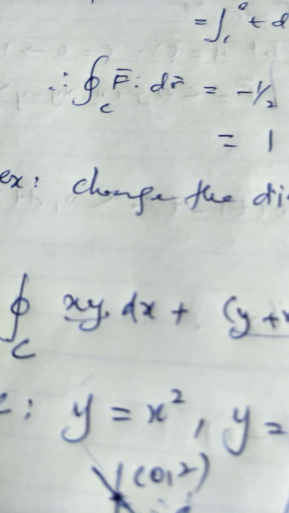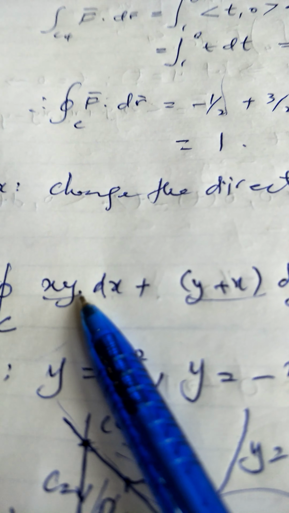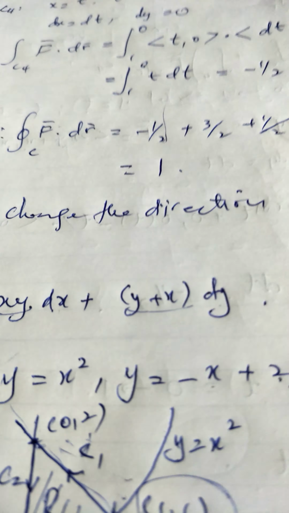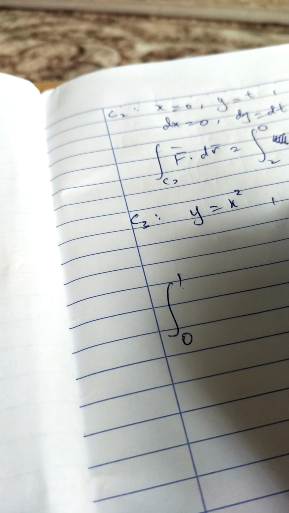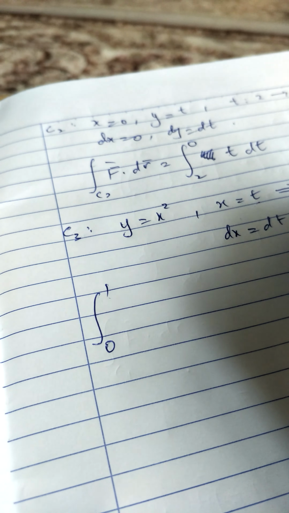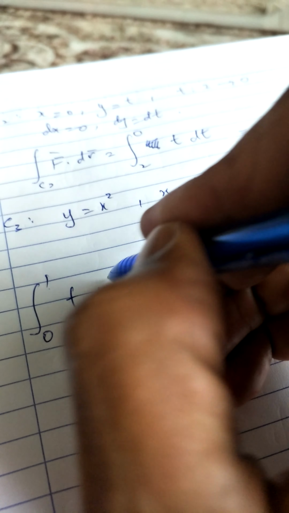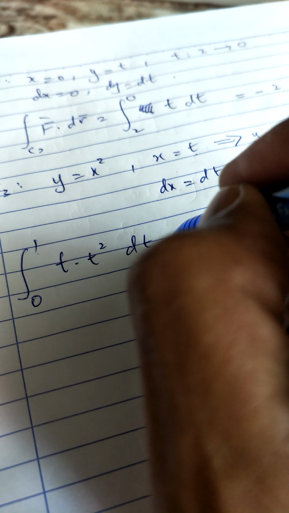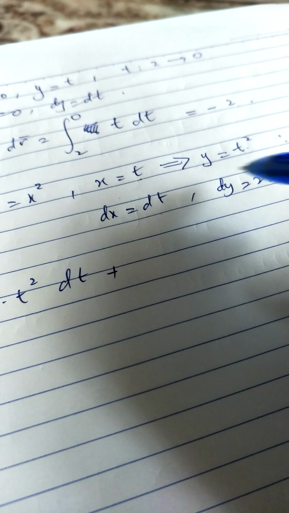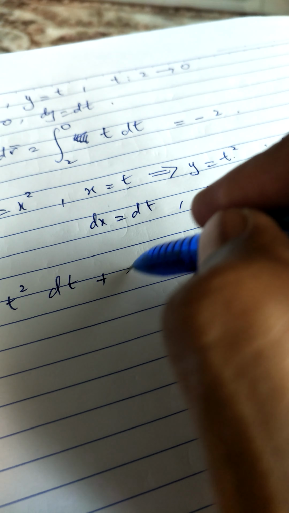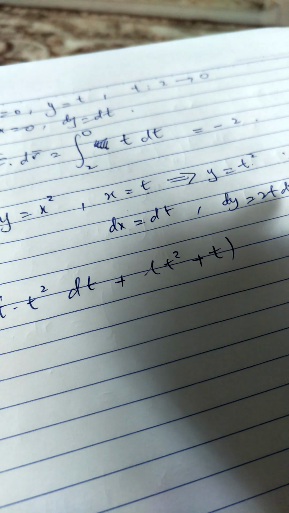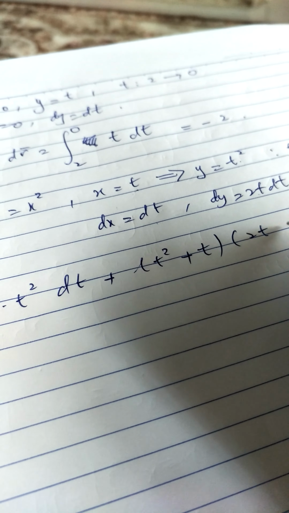So xy dx: x is t, y is t squared, so we have t cubed, dx is dt, plus y plus x, where y is t squared and x is t, dy is 2t dt.